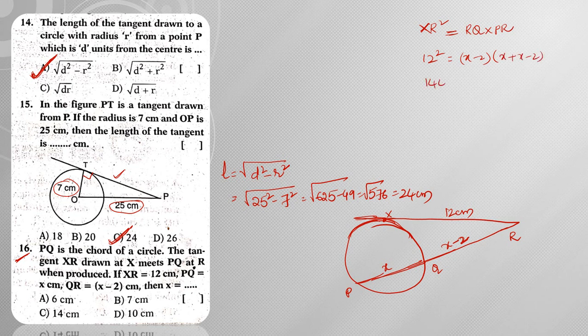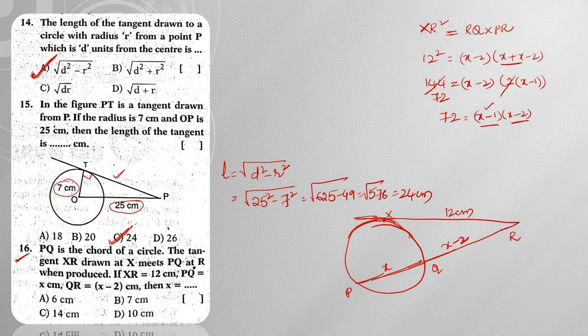So this is 144, which is equal to X minus 2 into, so here X plus X is 2X, so 2X minus 2. Now I can take 2 as common, then this becomes X minus 1. So the 2 in 144, I can cancel it out to get 72. So 72 is equal to X minus 1 into X minus 2. If you observe, X minus 1 and X minus 2 are two consecutive numbers, right?